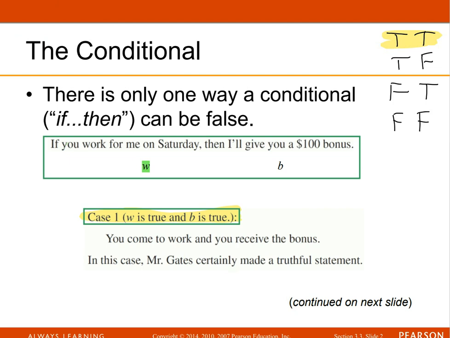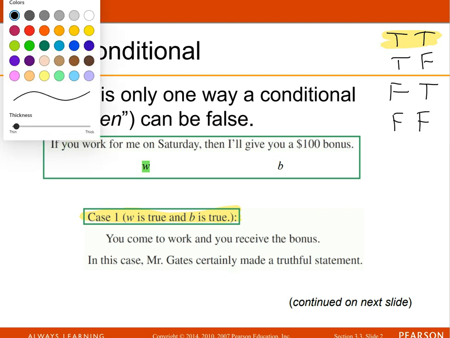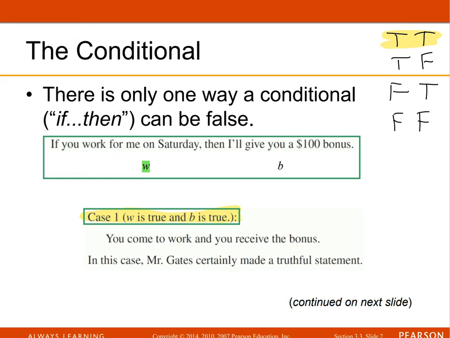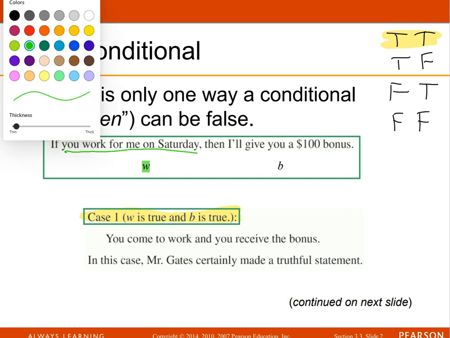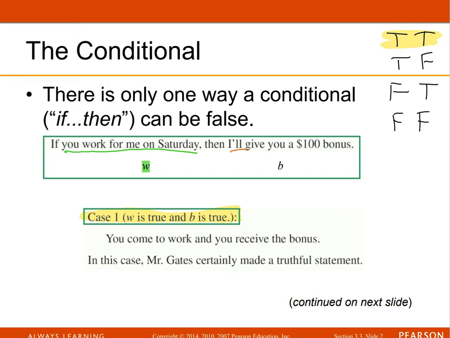That does not want to highlight for some reason. Let me use this instead. You work for me on Sunday, then I will give you a $100 bonus, and that is B.